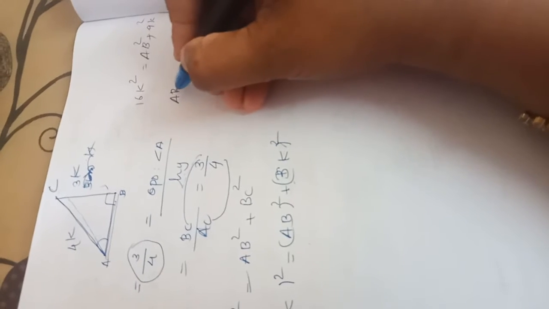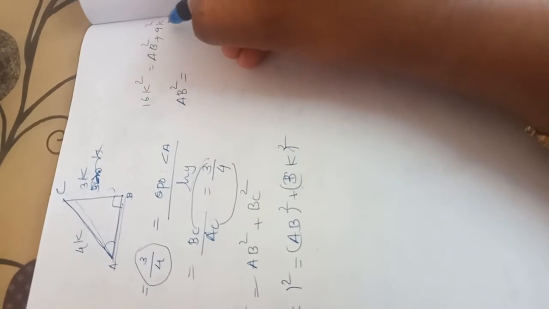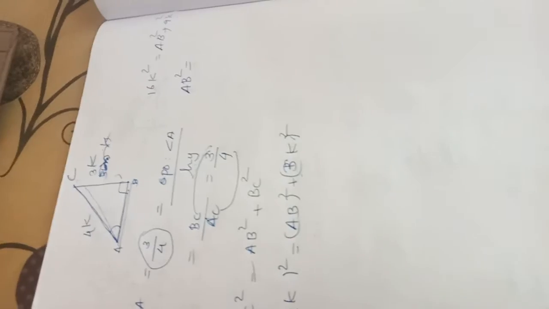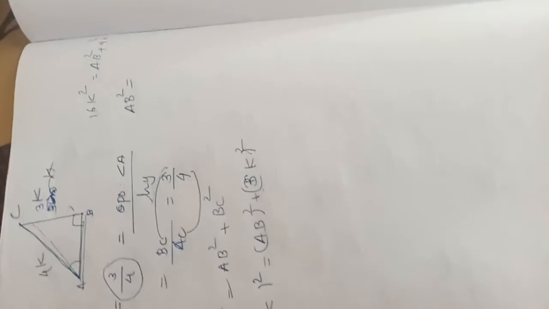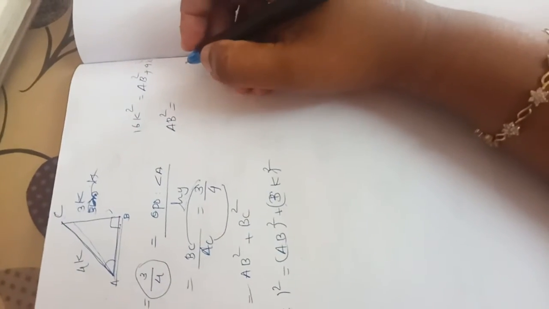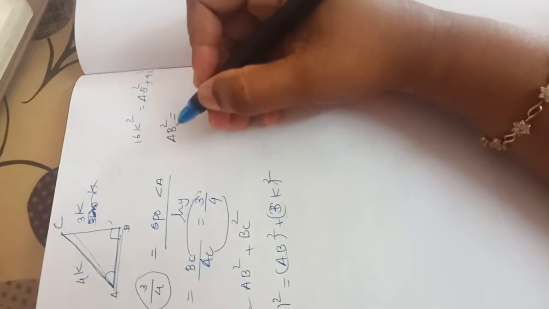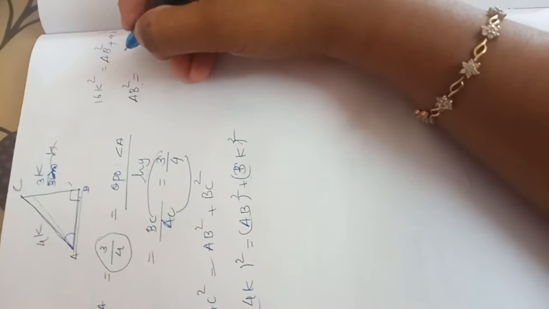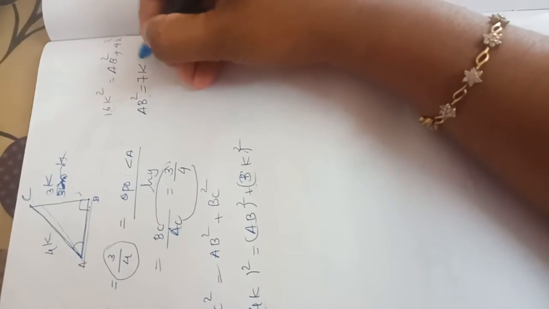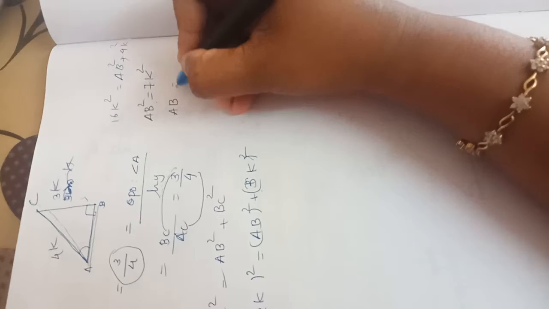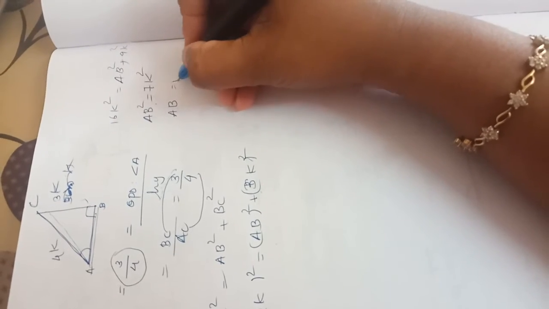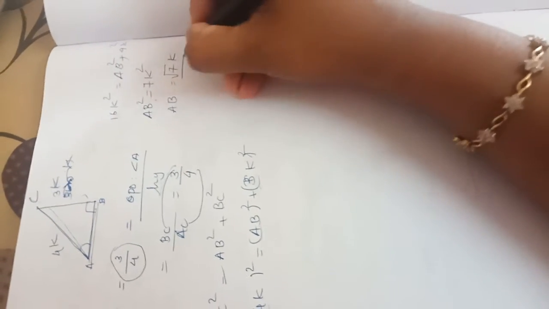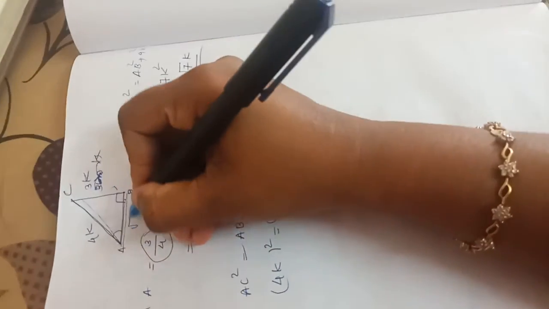So we will get AB square is equal to 16K square minus 9K square, which comes to 7K square. So we will get AB is equal to the root of this one. Root of 7K square means root 7K.